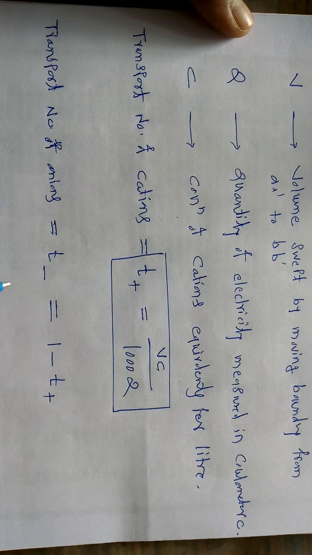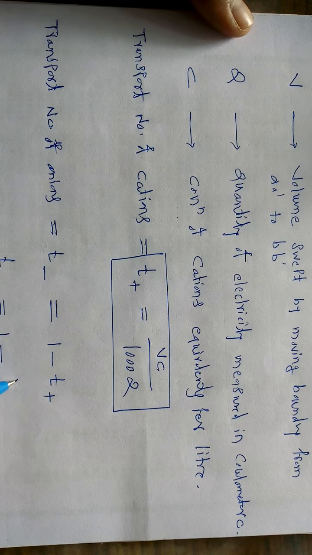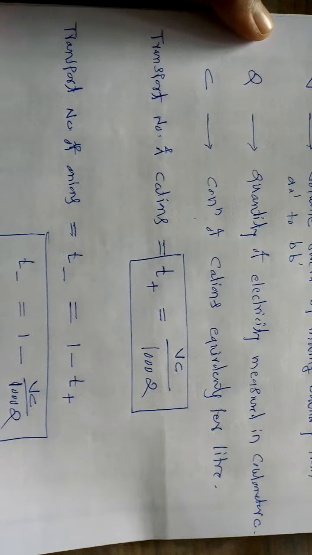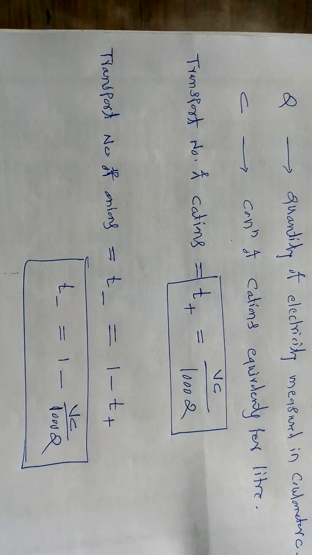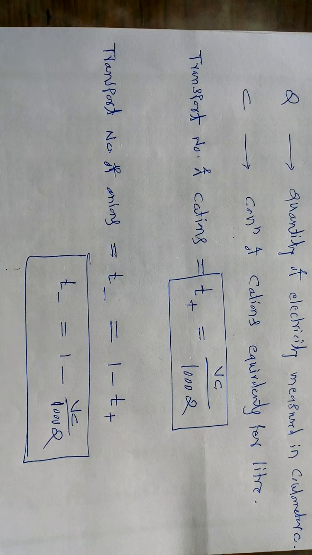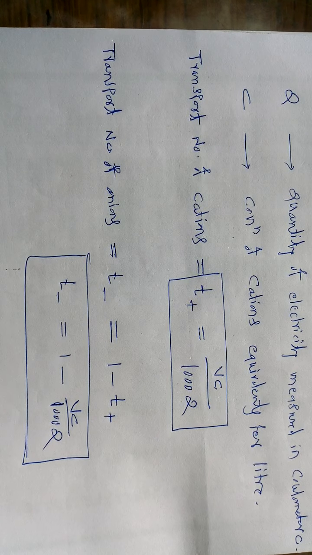So T minus is equal to 1 minus V into C divided by 1000 into Q. This is the equation useful for determining the transport number of the anions. So this is a simple calculation from the moving boundary method for the transport number of cations and anions.